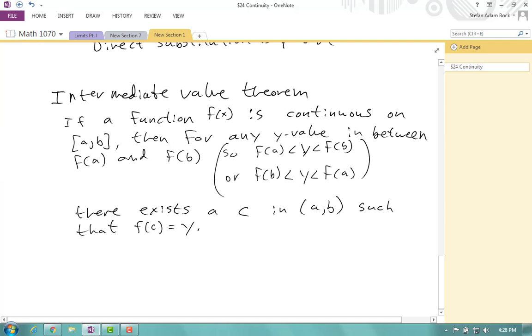So the intermediate value theorem says that if a function is continuous on an interval, then for any y value in between the function values of the endpoints, so between f of a and f of b, and that can go either direction depending on which one is larger, there exists a c in between a and b such that f of c is equal to that function value y. Or I should say y value.